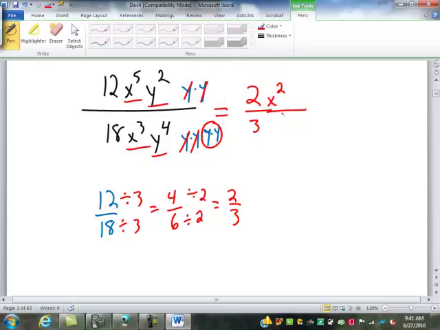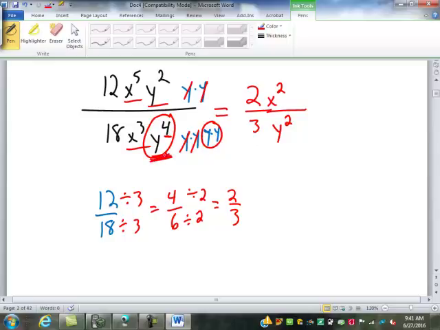But where's it at? It's on the bottom. Why did that y, and oh, there's a confusing statement. How come that y ended up on the bottom of the fraction? Well, because the larger power was on the bottom. So when we're looking at the y's, we have a power of 2 and a power of 4.